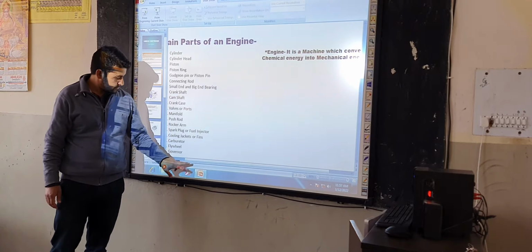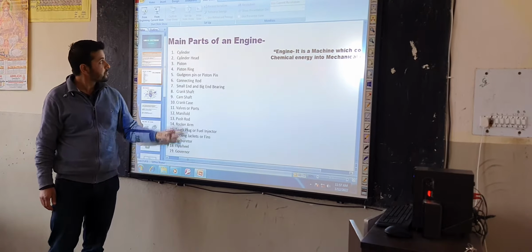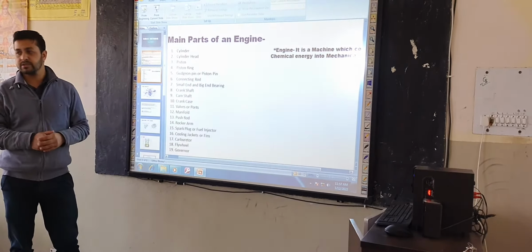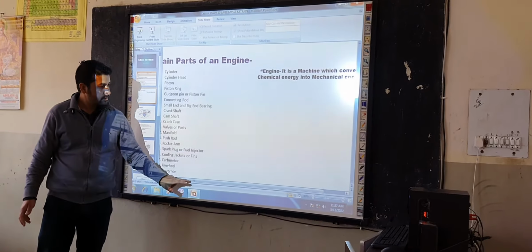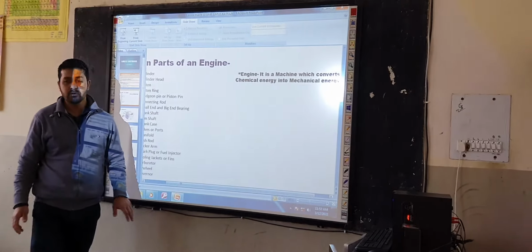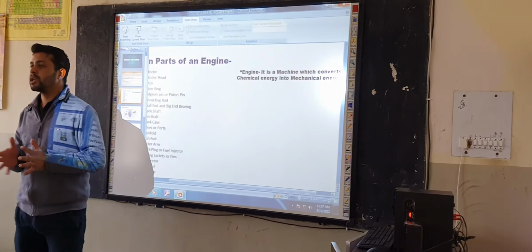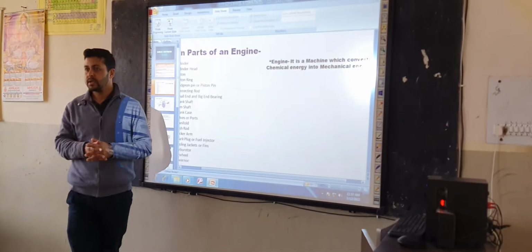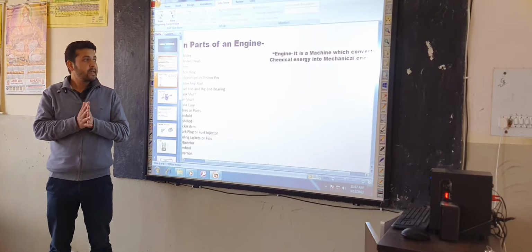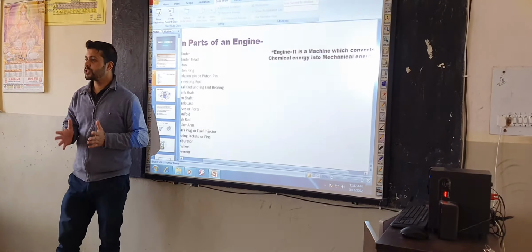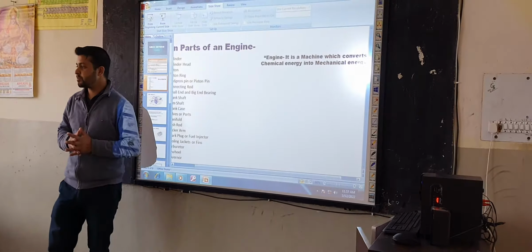This is the main parts of an engine. First of all, I would like to tell you what an engine is. Okay, an engine is a machine which converts chemical energy into mechanical energy.